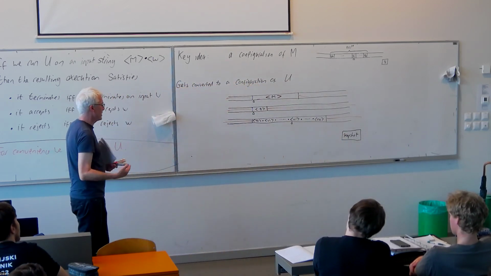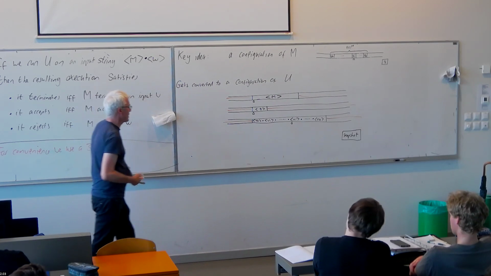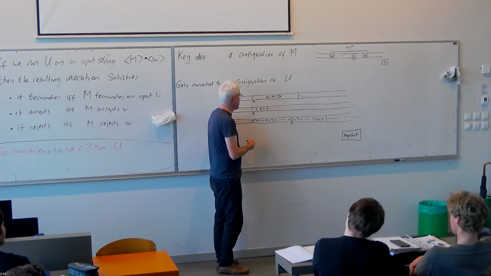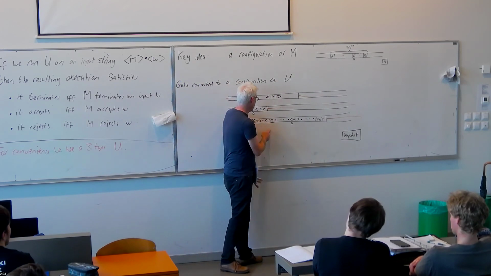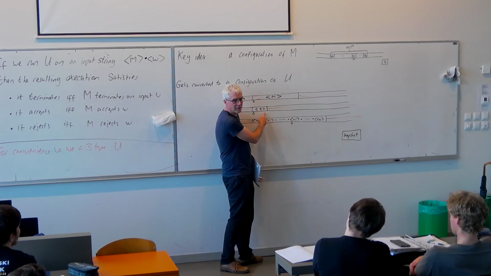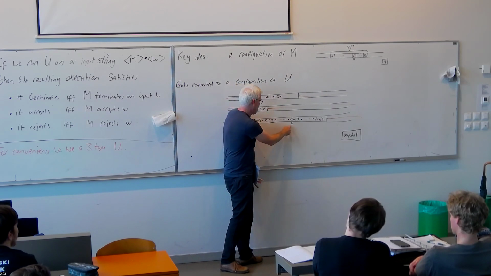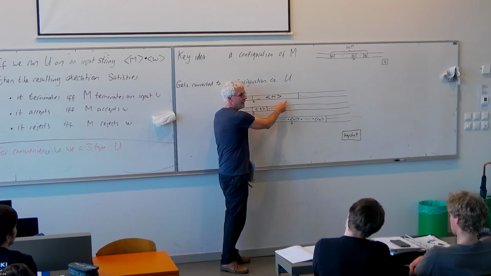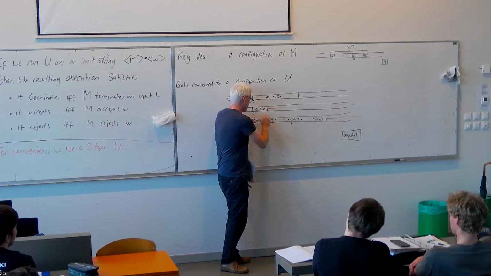Then it goes into the simulation state, which says, from such a position snapshot, proceed as follows. We look at the state we're currently looking at. We look at the symbol we're currently looking at. We then scan the Turing machine M for the instruction, if one exists, that matches that state and symbol.